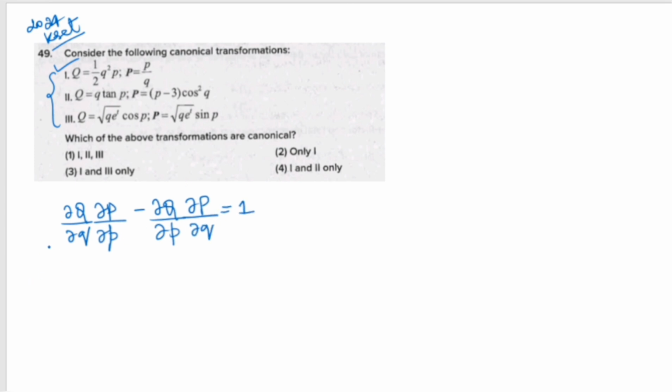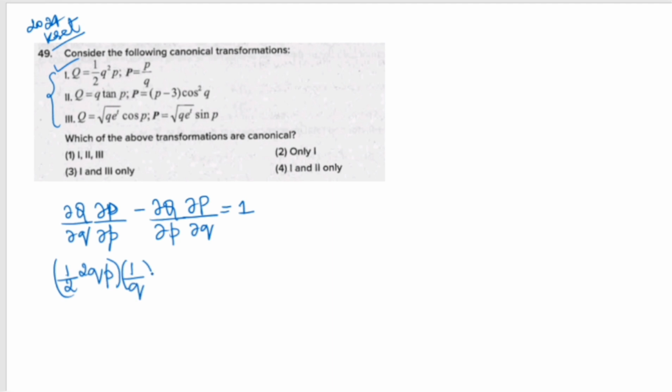So partial derivative with respect to q, it will be half of 2q into p. p remains constant here. Then partial derivative of P with respect to p, it will be 1 divided by q, right?